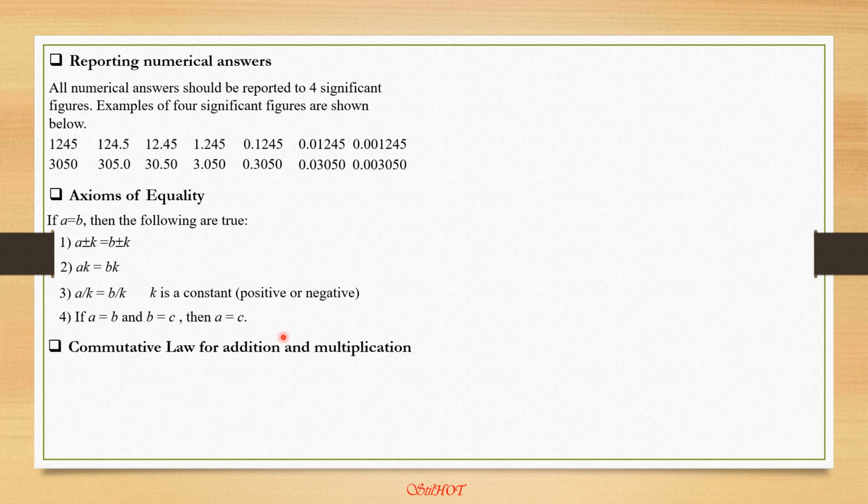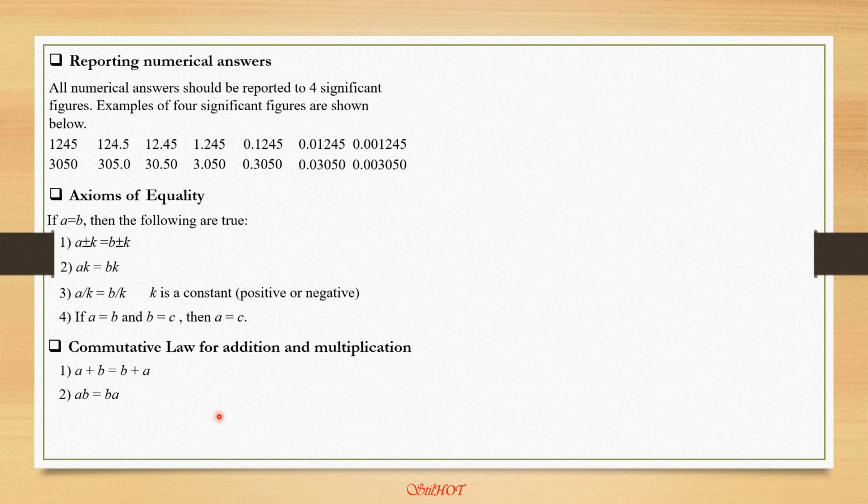Next is the commutative law for addition and multiplication. Same condition, that the elements here are real numbers. The first statement is A plus B is equal to B plus A. That's the commutative law for addition. 4 plus 5 is equal to 5 plus 4, as an example. A times B is equal to B times A. 4 times 5, 20, equals 5 times 4, 20.